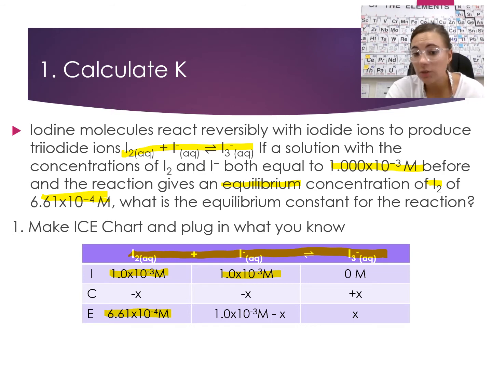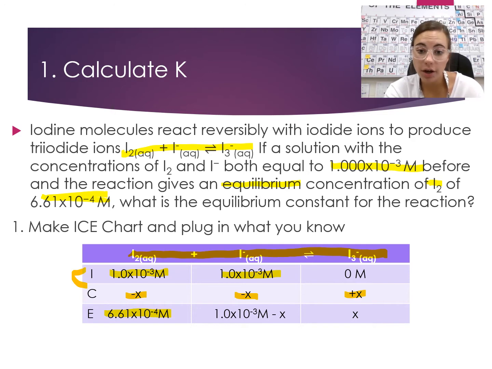So then, of course, this reaction is going to proceed to the right from reactants to products because I don't have any products. So now I can fill in my change column, minus x, plus x.